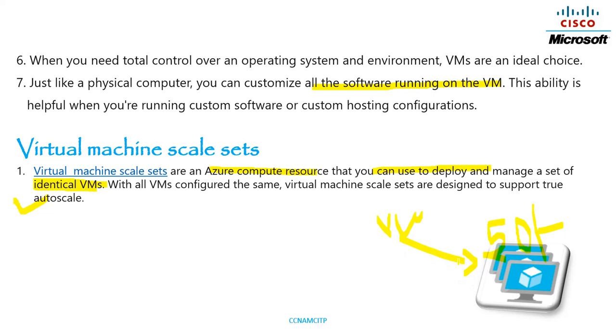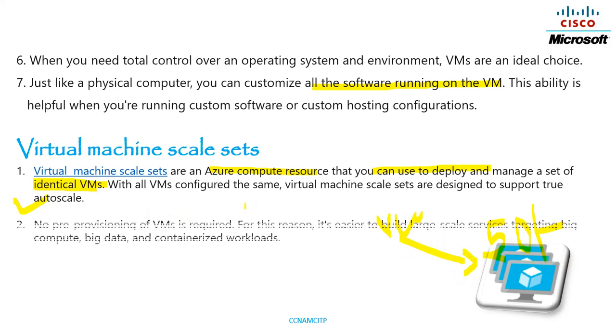You can scale up three or four virtual machines with the same configuration. No pre-provisioning of virtual machines is required. For this reason, it's easy to build large-scale services targeting big compute, big data, and containerized workloads.